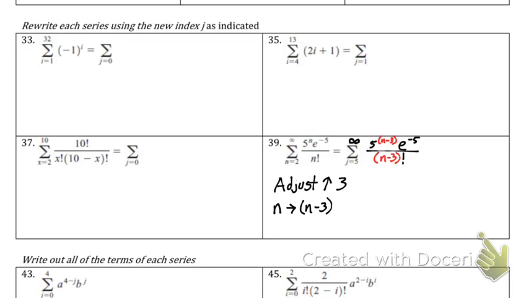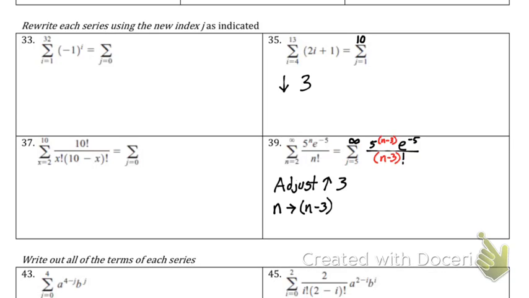Yeah, John. 35. You're too close to me. I couldn't see you. All right, same thing, except now we're adjusting down. We're adjusting down 3. I'm going down 3 units, which means I need to go down on the bottom, and on my top value, I also have to go down to 10.